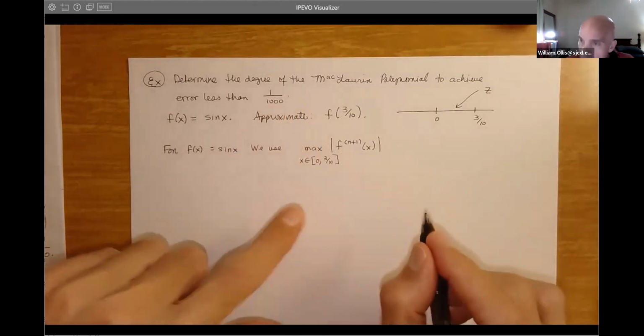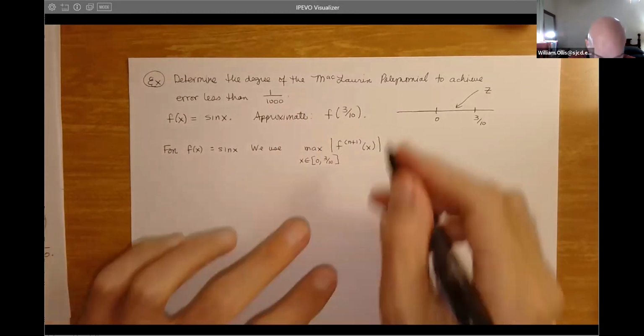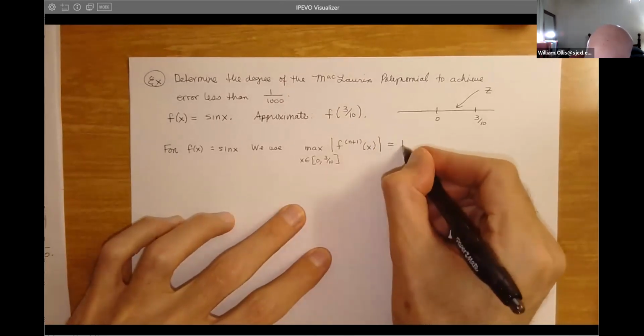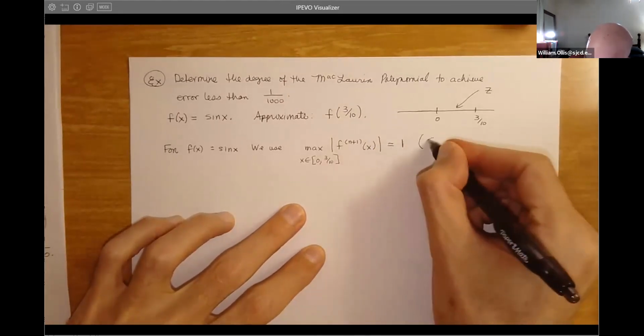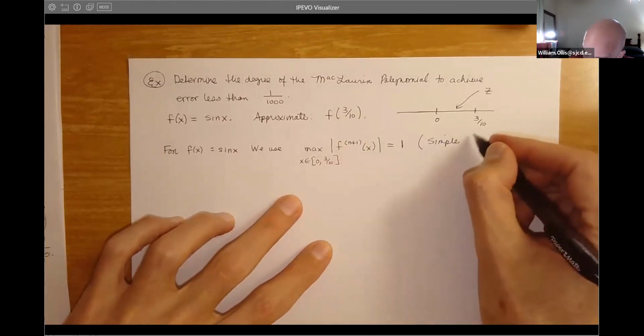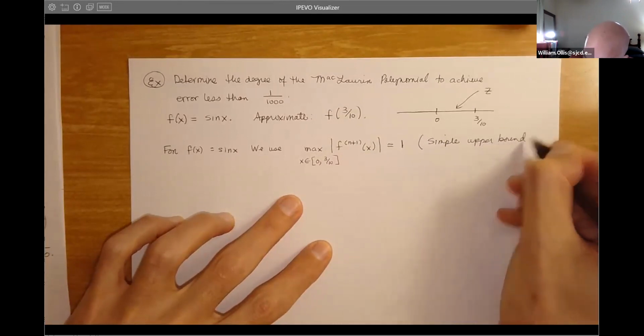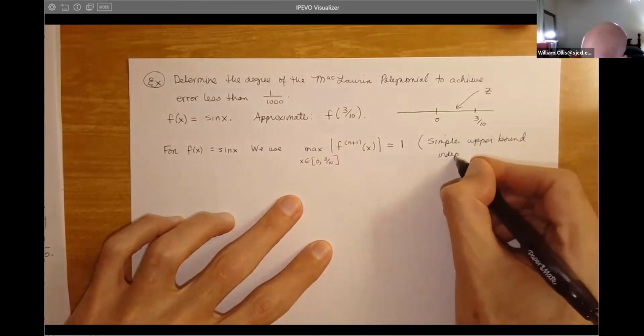So basically, we get sines and cosines. What's the maximum of the sine and the cosine? 1. So we just say 1. So this is a simple upper bound that's independent of n.